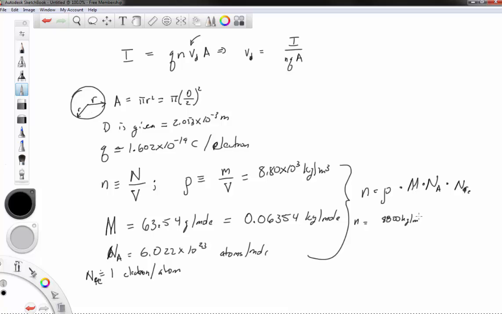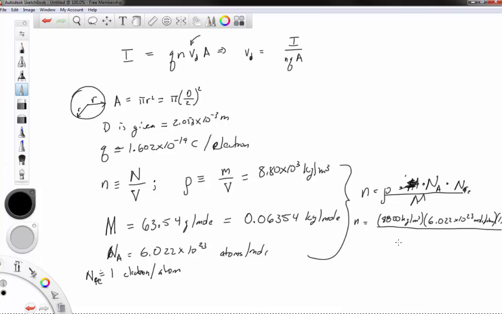8,800 kilograms per cubic meter times, basically, really we need to be dividing by the molar mass. So I put that in the wrong place. Really, we should have it over M like this. So times Avogadro's number, which is 6.022 by 10 to the 23 atoms per mole, and then times 1 electron per atom.